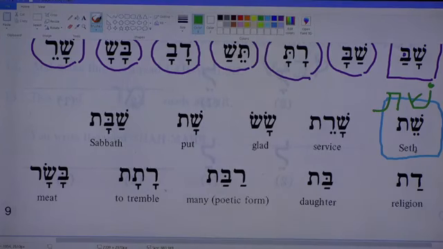Therefore, his name is Shayt, S-H-A-Y-T, by the way it's spelled. Now that's only critical when you have to get up and read the scroll from Hebrew.